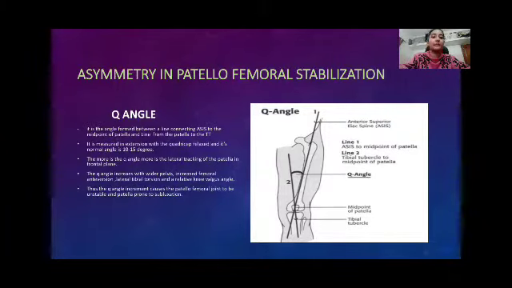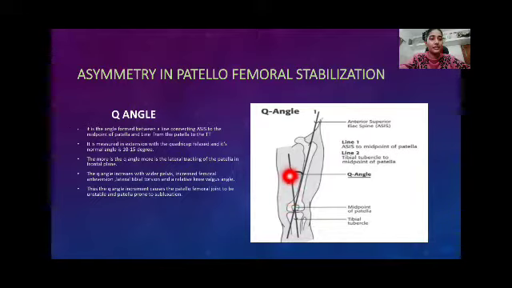What's the Q angle? It is the angle formed between a line from the ASIS to the midpoint of the patella and a line from the midpoint of the patella to the tibial tuberosity below. It is measured in extension when the quadriceps is relaxed, and its normal angle is 10 to 15 degrees.